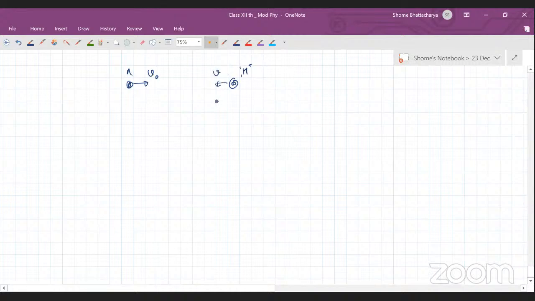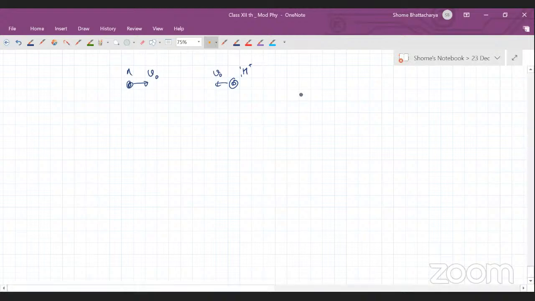Now this is moving at the same velocity, right, in the opposite direction. Now find the minimum speed of the neutron for which the inelastic collision may take place.